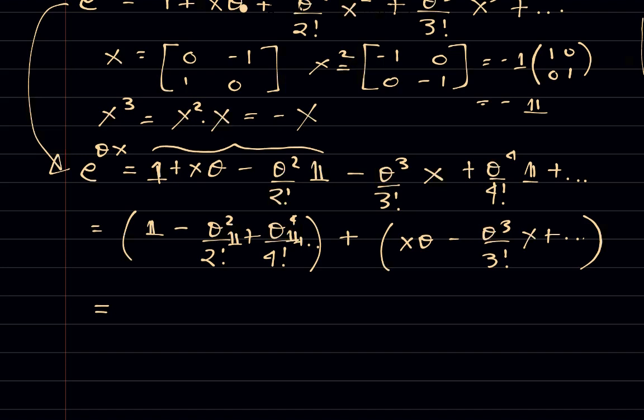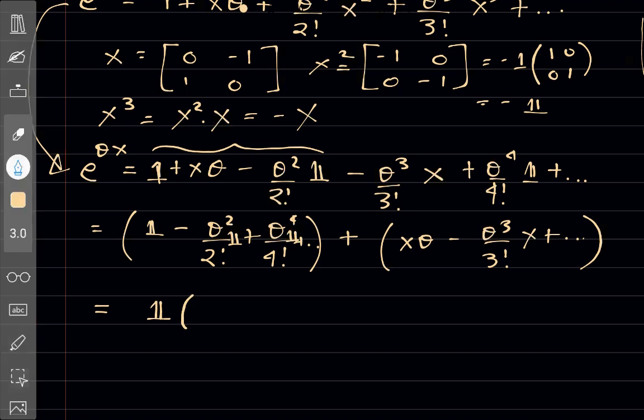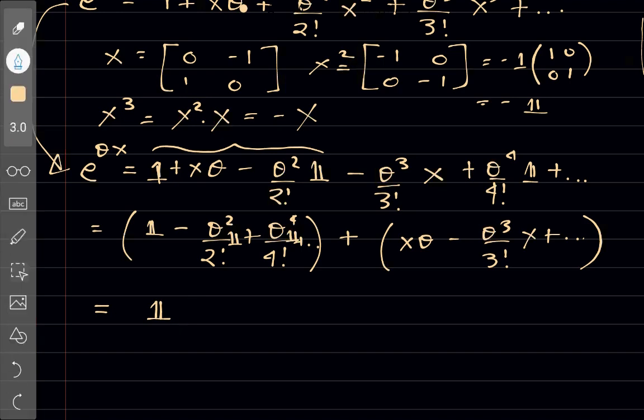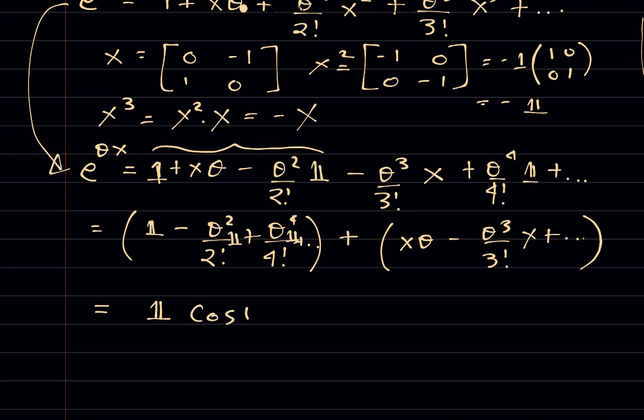So if I take all the identity matrix outside, then inside whatever series remains, which is 1 minus theta square by 2 factorial plus theta 4 by 4 factorial, this will all lead to cos theta.